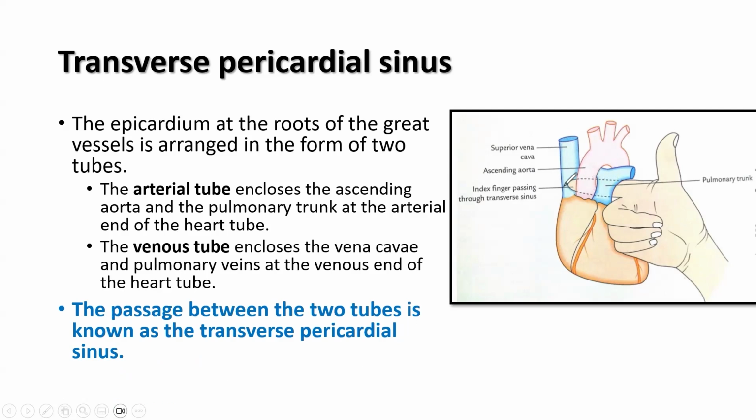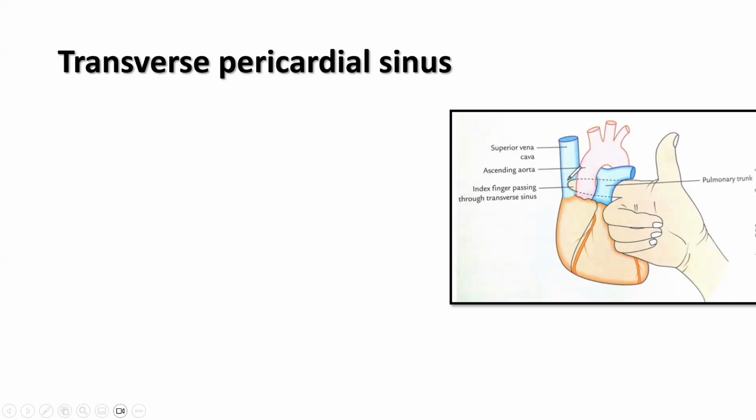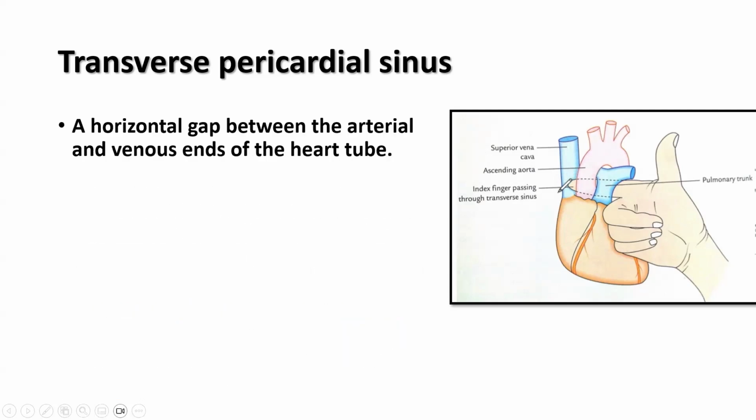Here the finger is inserted in the transverse pericardial sinus. So the transverse space in between arterial tube and venous tube is called transverse pericardial sinus.